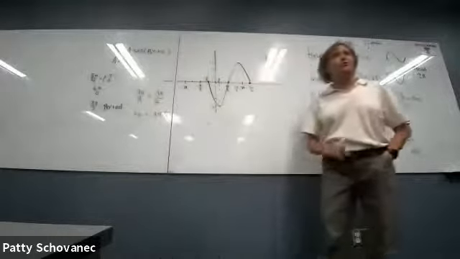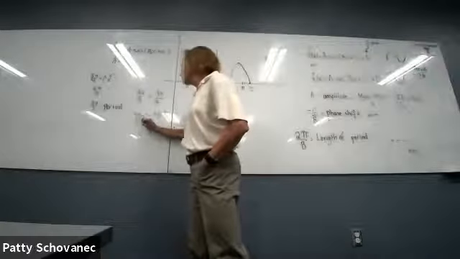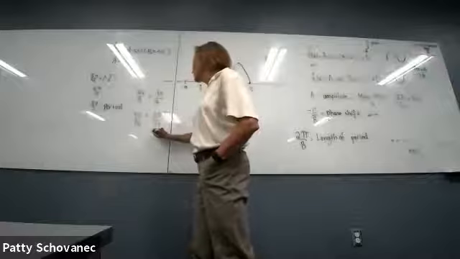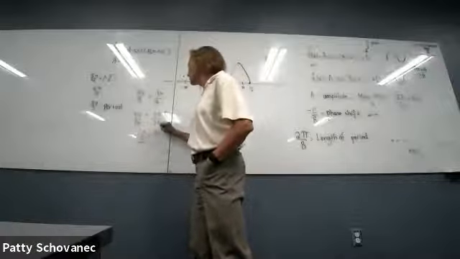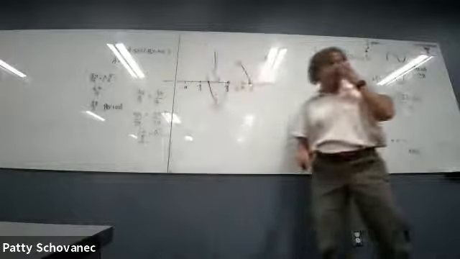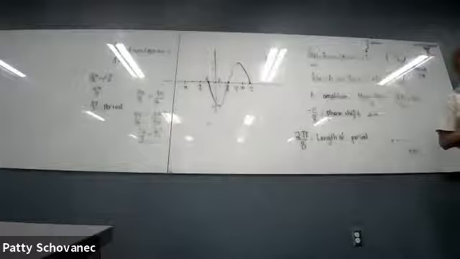Divide both sides by 3 pi. And so b simplifies to 4/3. Okay.